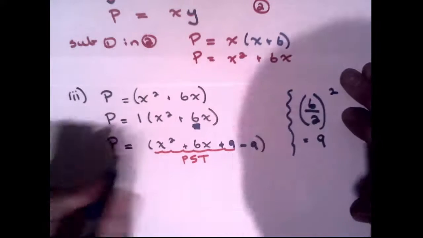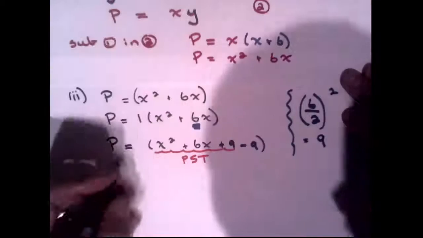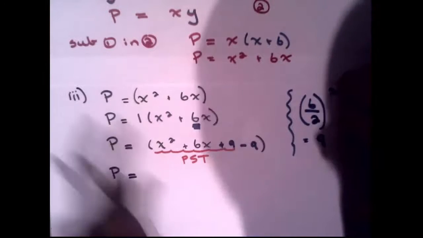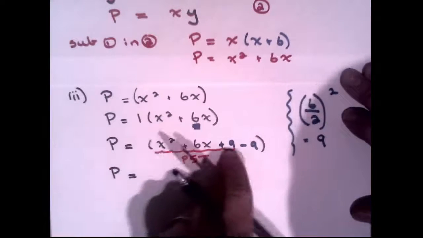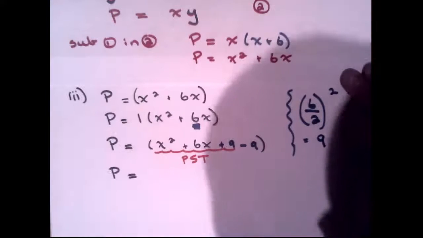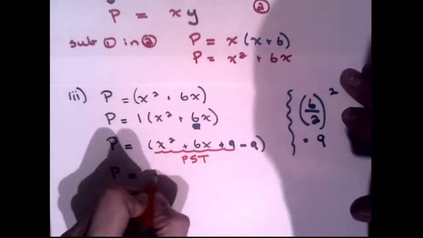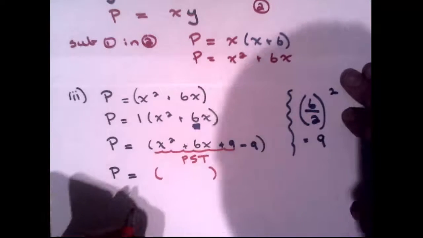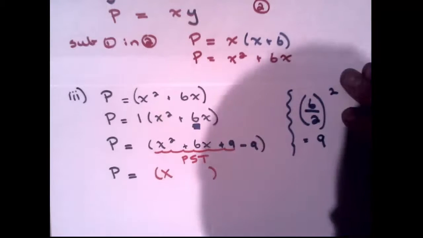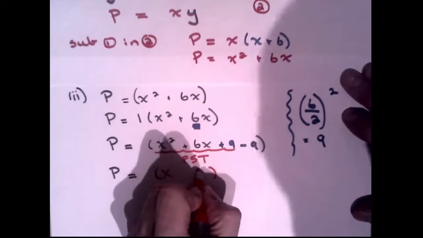And when you have a PST, the form you use to factor goes like this. So this entire underlined orange part will become the following. You need brackets. Square root of x squared is x, you write it out front. The square root of 9 is 3.